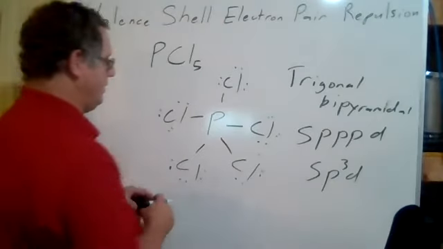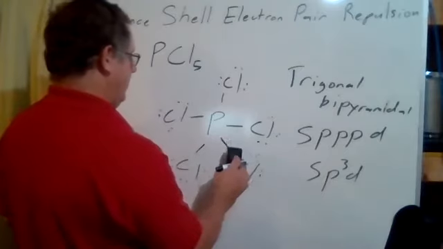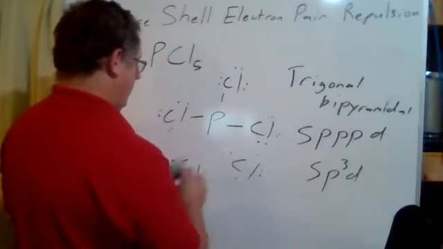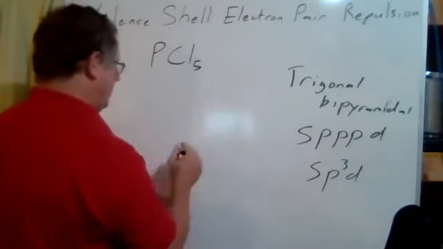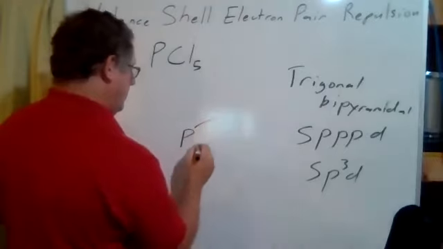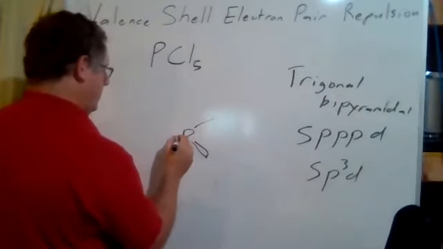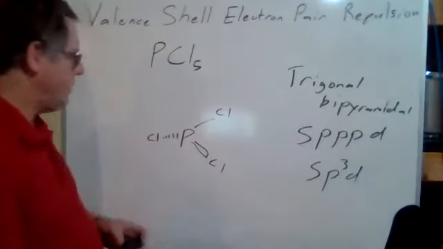Now, I'm going to try to show this. Okay, so let me show you the 3 that are in the trigonal plane. So we're going to show those are the 3 trigonal planars.